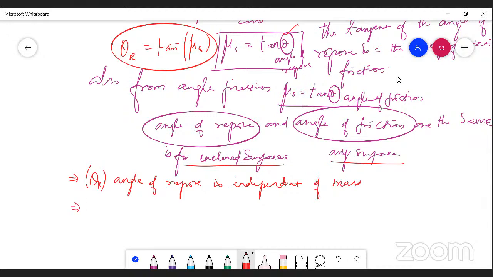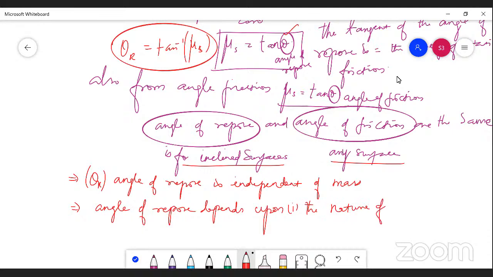Also, what are the factors on which the angle of repose depends? Angle of repose depends upon, one, the material and the nature of the surface in contact.